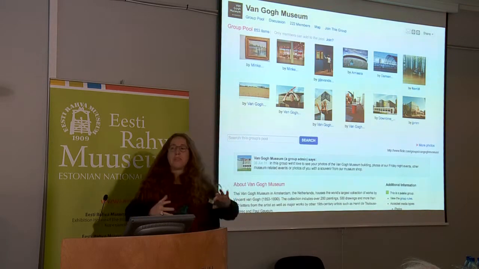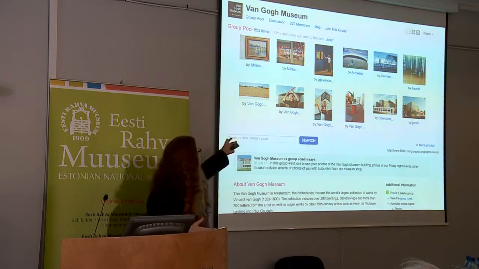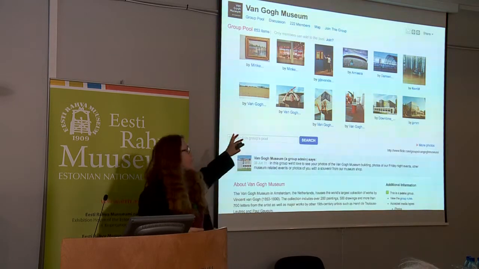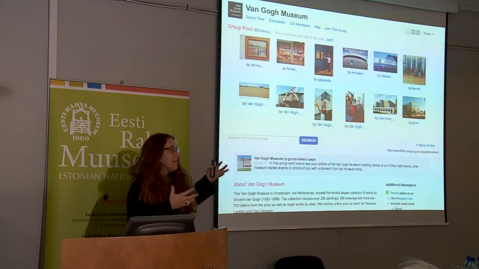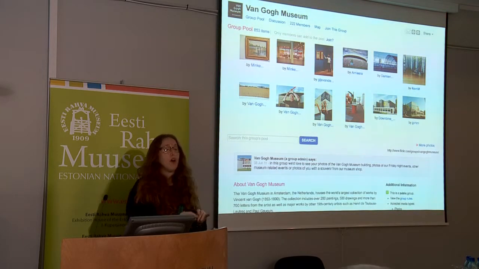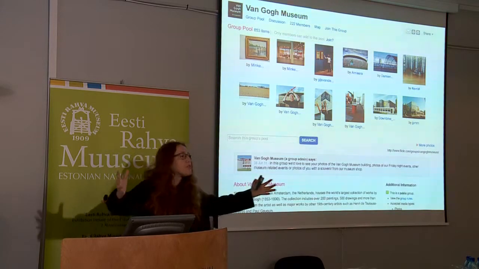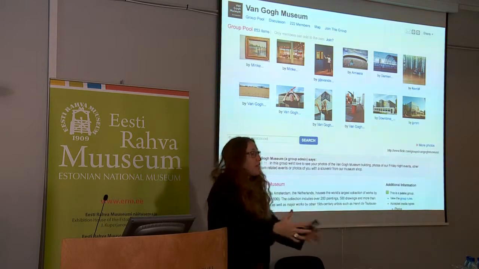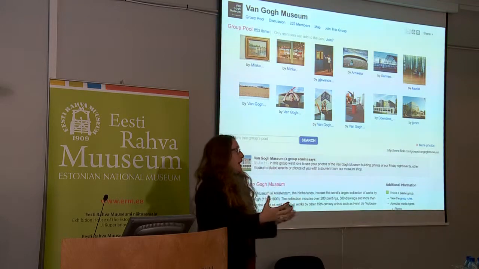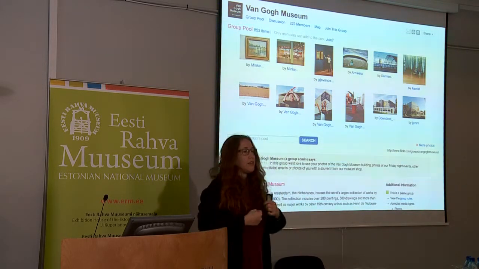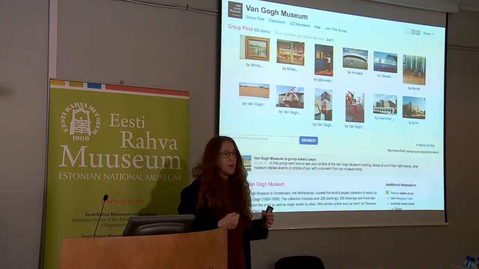People take pictures of themselves in front of the museum, of the construction work of the museum. A lot of pictures that people take, and then they go and tag them with Van Gogh Museum. So what they have done is gather all these people to make that community, and say, okay, why don't you come and publish your pictures in the Museum Van Gogh group?